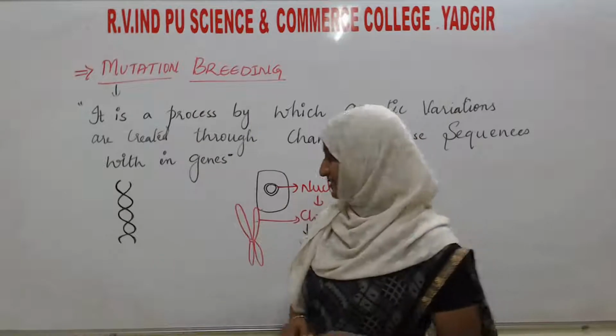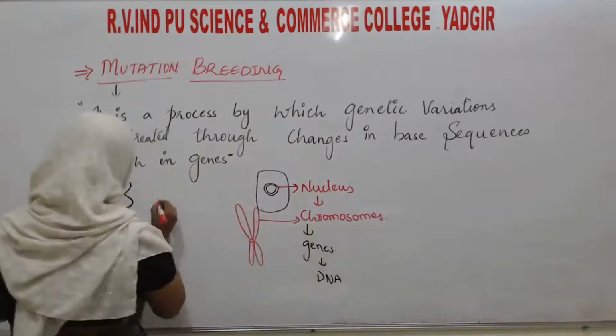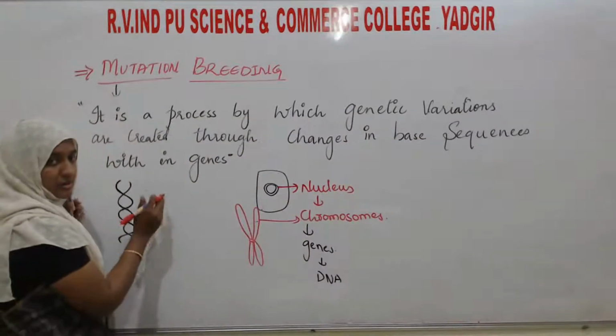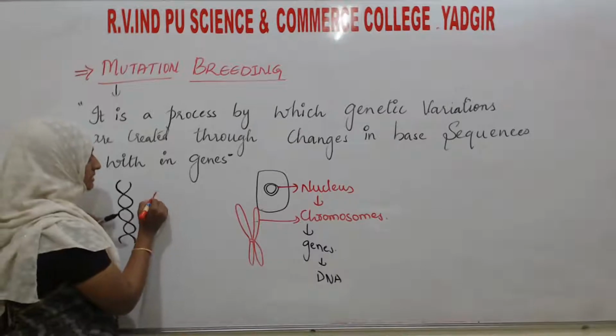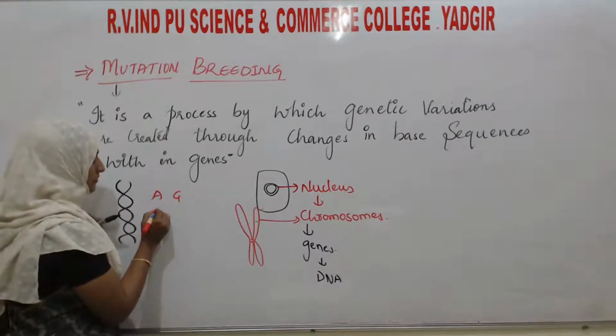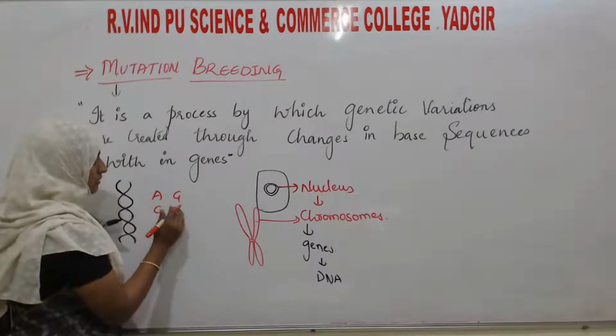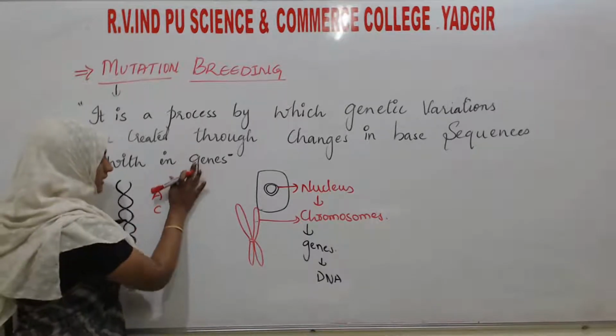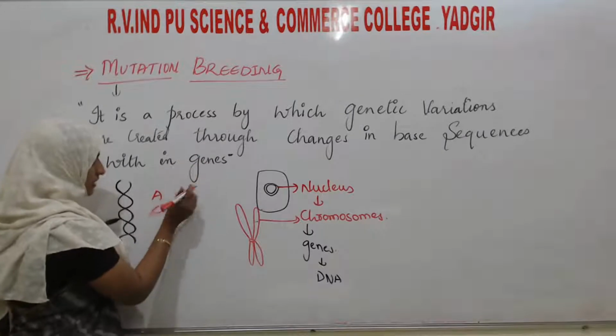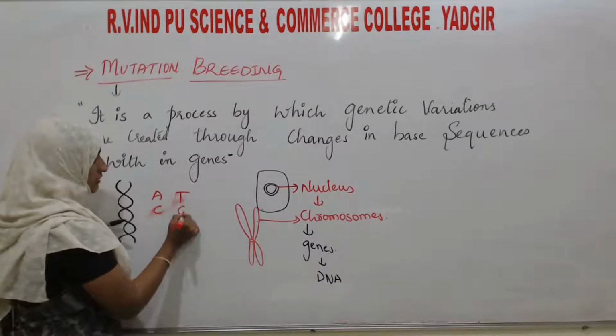Nucleotides means there will be base pairs. The nucleotides are adenine, thymine, cytosine and guanine.